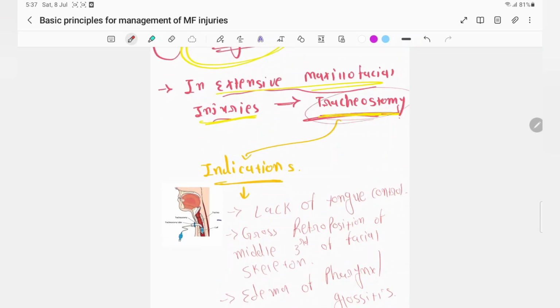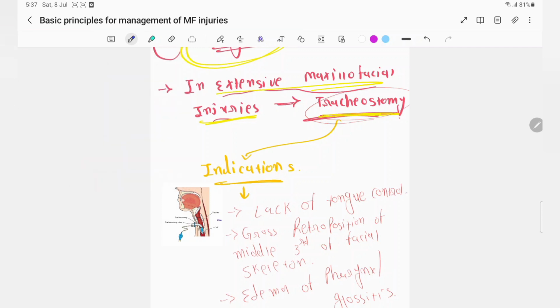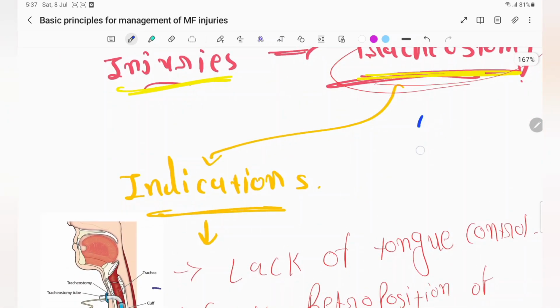So what we are going to do in tracheostomy, I will draw, one second. Suppose this is your neck, and in this we have our trachea. This is your trachea and this is covered by skin, right? So we have to place an incision over it.